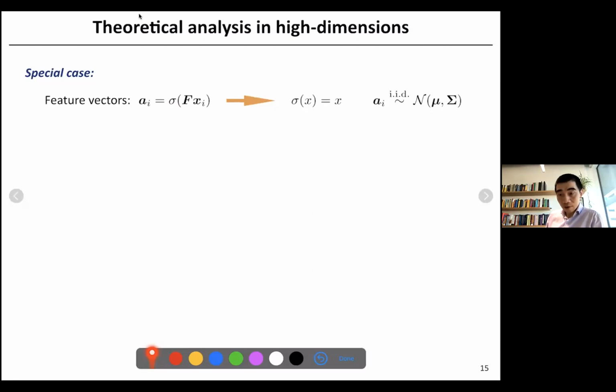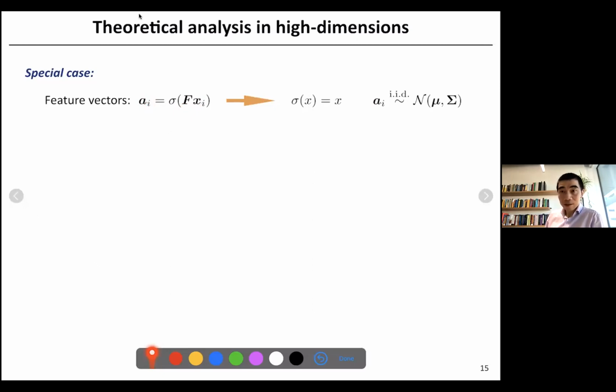So it's a linear function. So in this case, if sigma is equal to x, then each training sample xi is a Gaussian random vector, and for any given F, our feature vectors are just i.i.d. Gaussian vectors with a given covariance matrix sigma determined by F, right?